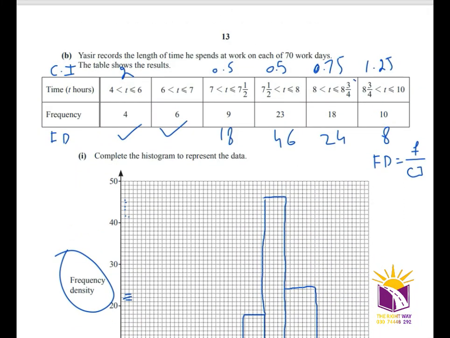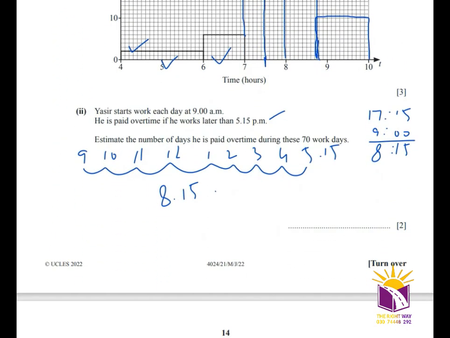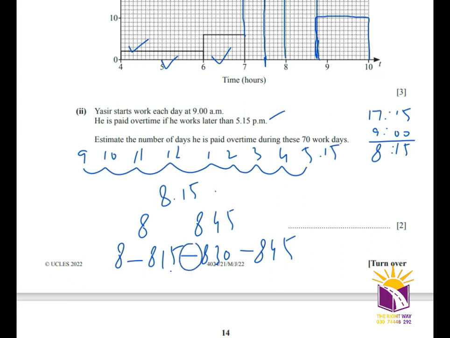So 8:15 is between 8 to 8.75, or now I am dividing the time 8 to 8:45, so it will be 8, 8:15, 8:30 and 8:45. I divide it into three parts. Two parts are my favorable parts, and one part is my non-favorable part, because less than 8:15 is not favorable.